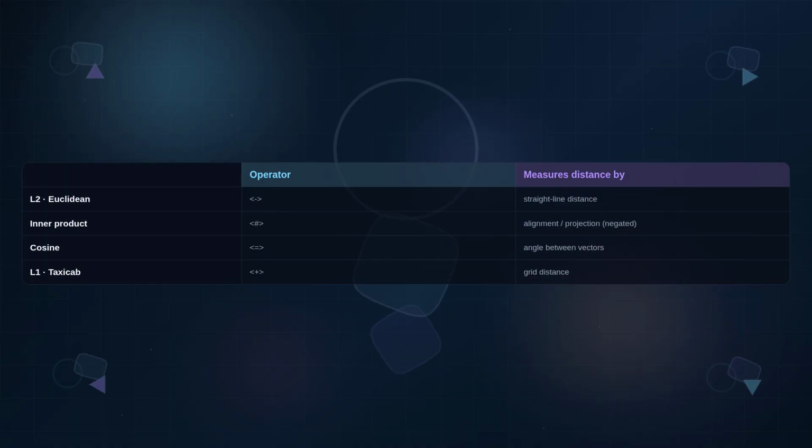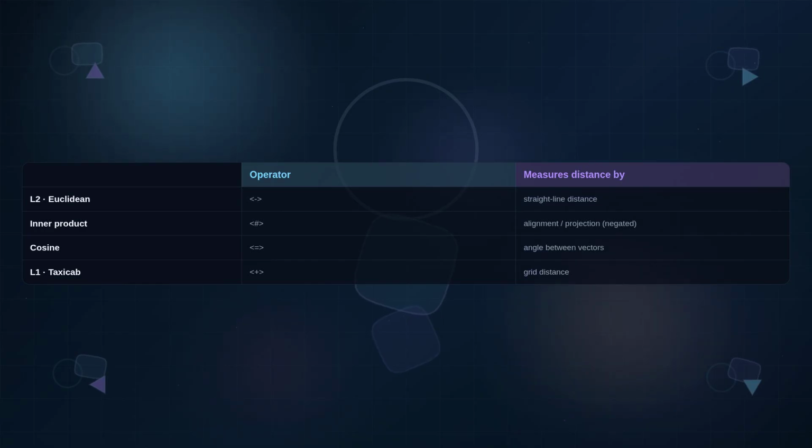To find the nearest vectors, you need a way to measure distance, and pgvector gives you 4. They look like small arrow symbols in SQL, but each one answers the same question in a different way. The first is Euclidean distance, the everyday straight line distance between 2 points. The second is the inner product, which measures how much 2 vectors point in the same direction and how long they are.